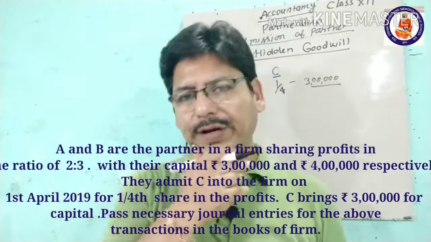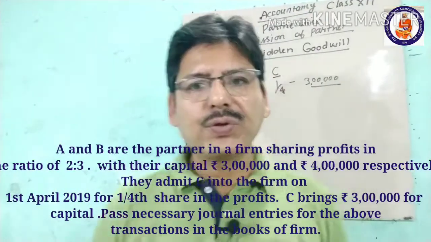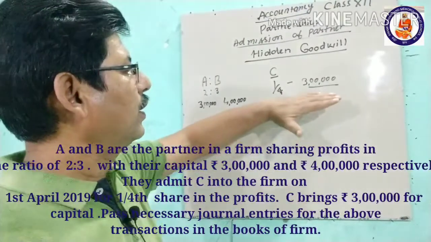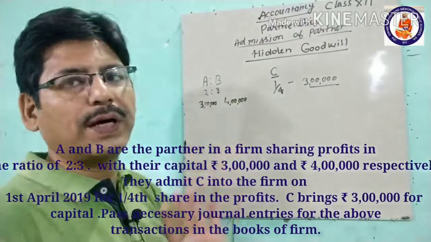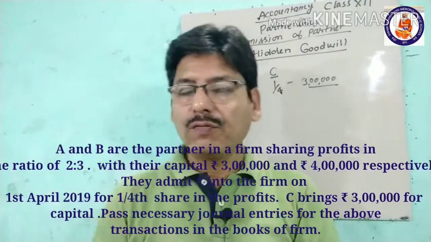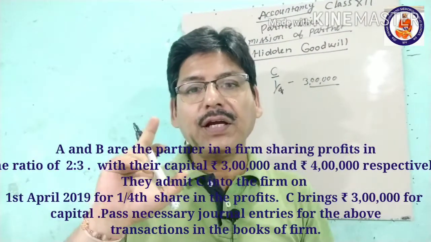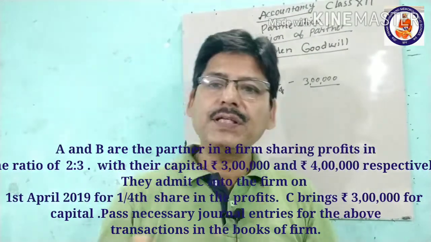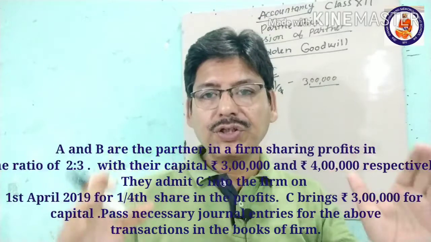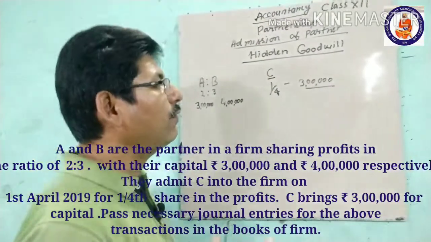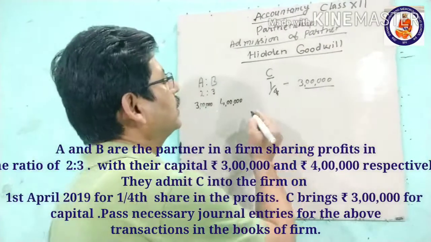Now we have to find out the hidden goodwill. Here, C is bringing 3 lakh rupees for his 1/4 part. It means for the entire share, the total value of the capital should be how much?